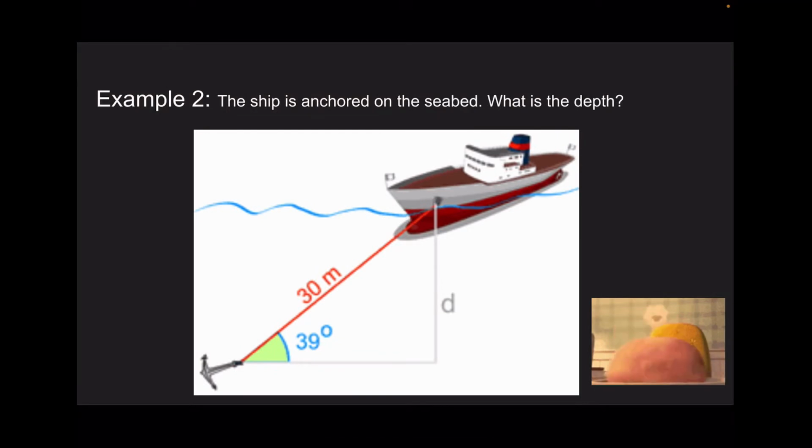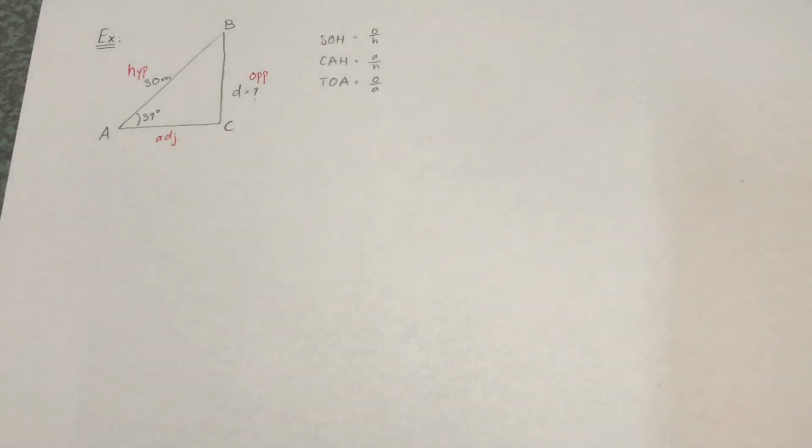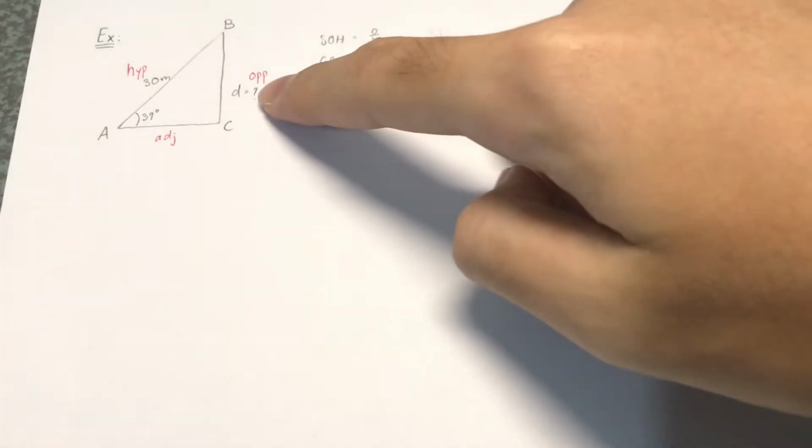Example 2. The ship is anchored on the seabed. What is the depth? In this problem, we know the hypotenuse, which is 30 meters, and we want to find the distance, which is D, the opposite side, so we call on SOHCAHTOA.